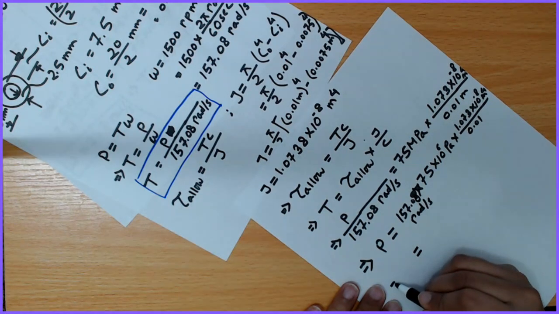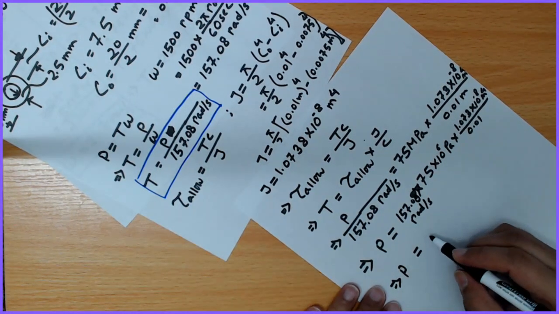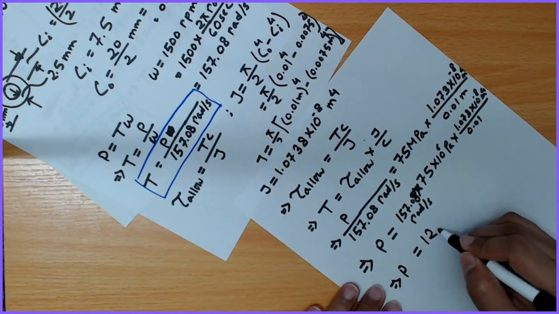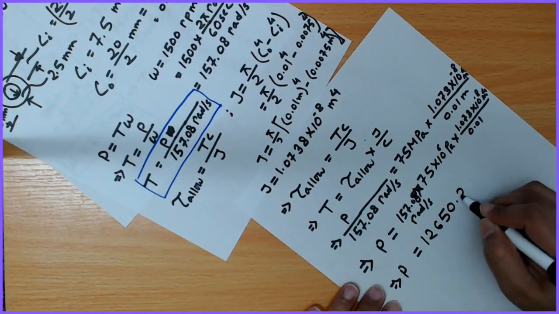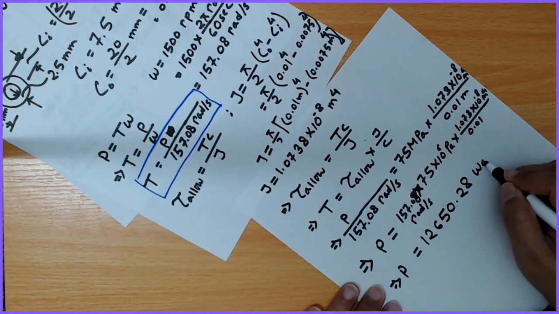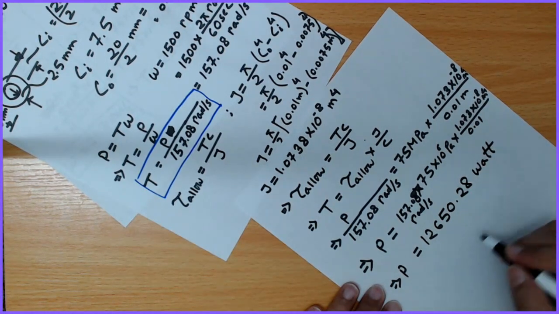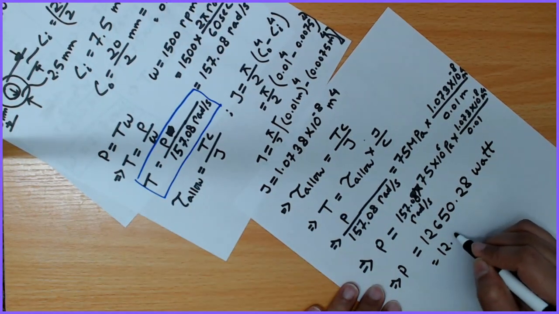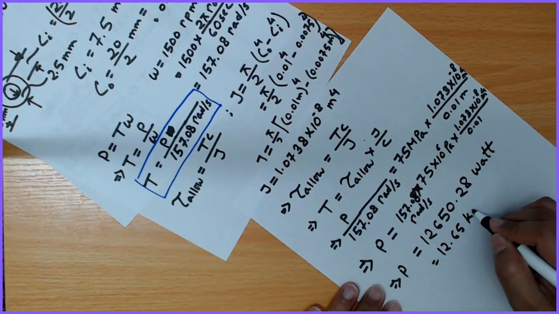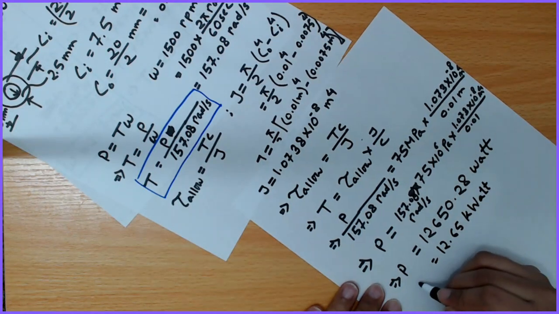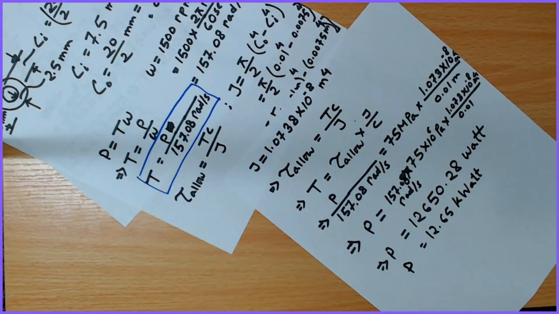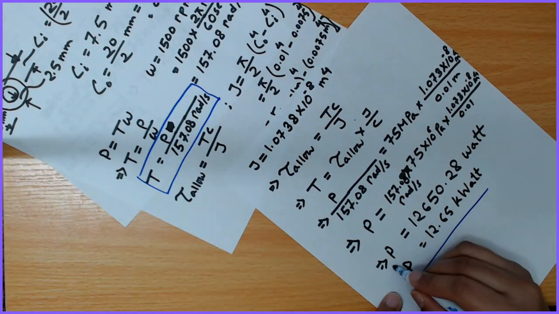If I calculate it correctly, the result is 12650.28 watt, which is 12.65 kilowatt. This is the answer. This is the power required to run this shaft at 1500 RPM.